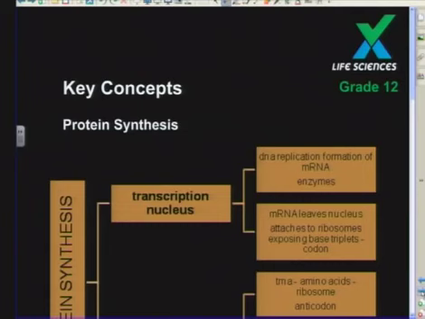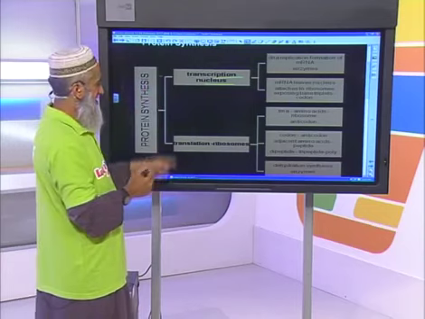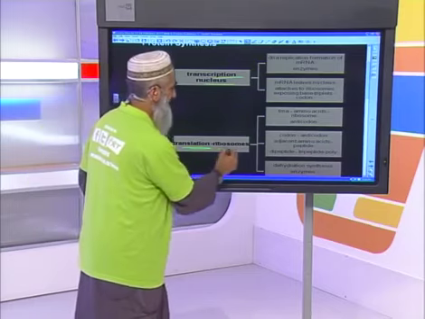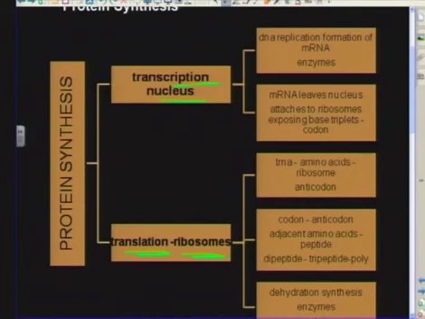Now, when we're looking at this section on protein synthesis, we break it up into two processes. The first process is transcription. Where does it happen? In the nucleus. The second process, translation, takes place in the ribosomes. Let's look at each of these in summary form quickly.